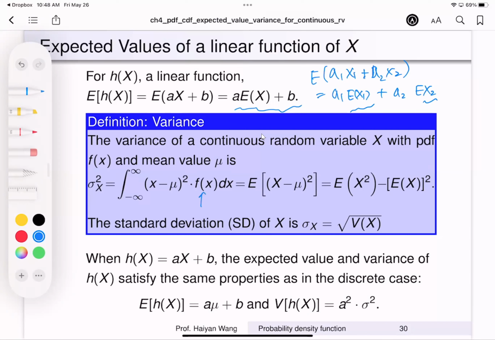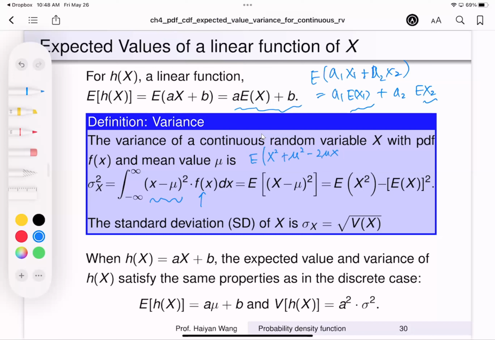Squared deviation of that, we call this the variance. We know that this is simply the expected value of (x minus mu) squared, and this computation can actually be simplified by expanding the squared term: x squared, plus mu squared, minus twice mu x.